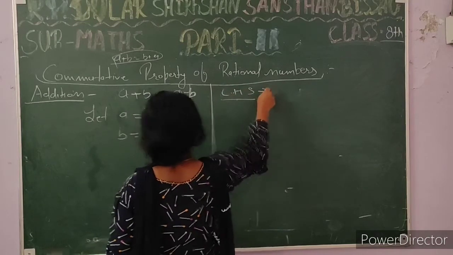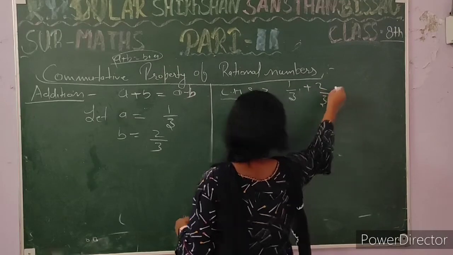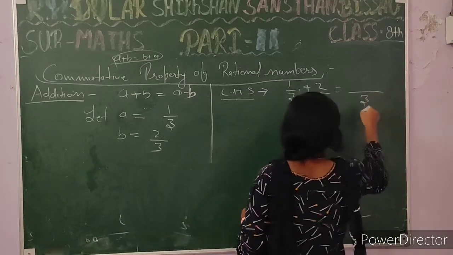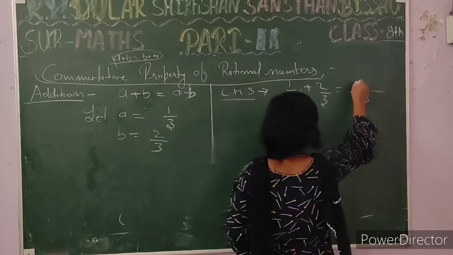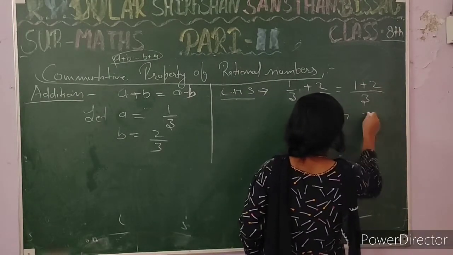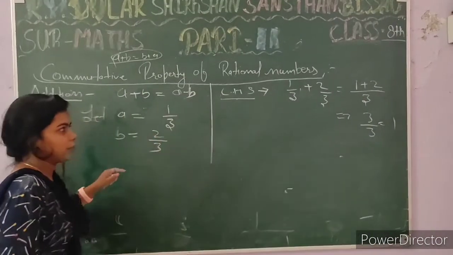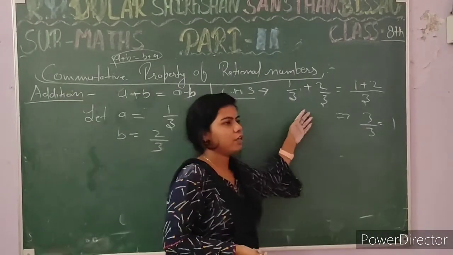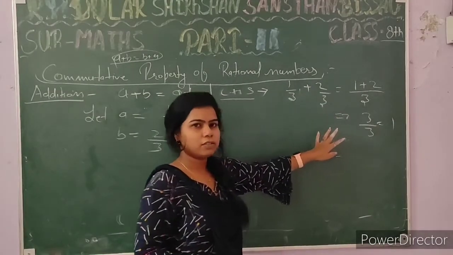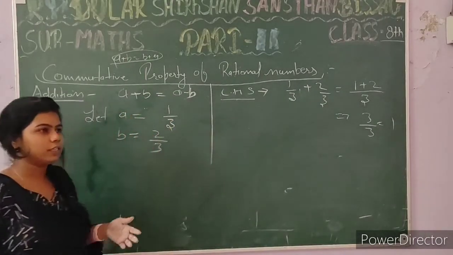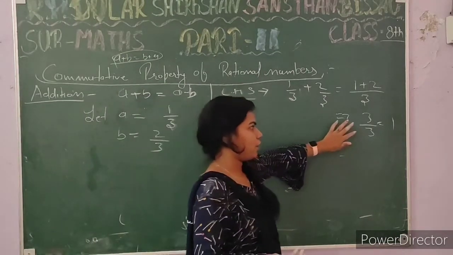LHS, look carefully, students: 1 upon 3 plus 2 upon 3. If the denominators are the same, we write the denominator once and add the numerators: 1 plus 2 is 3, so 3 upon 3 is equal to 1. This is your answer. I told you the method for same denominators in previous classes, so remember how we add this type.